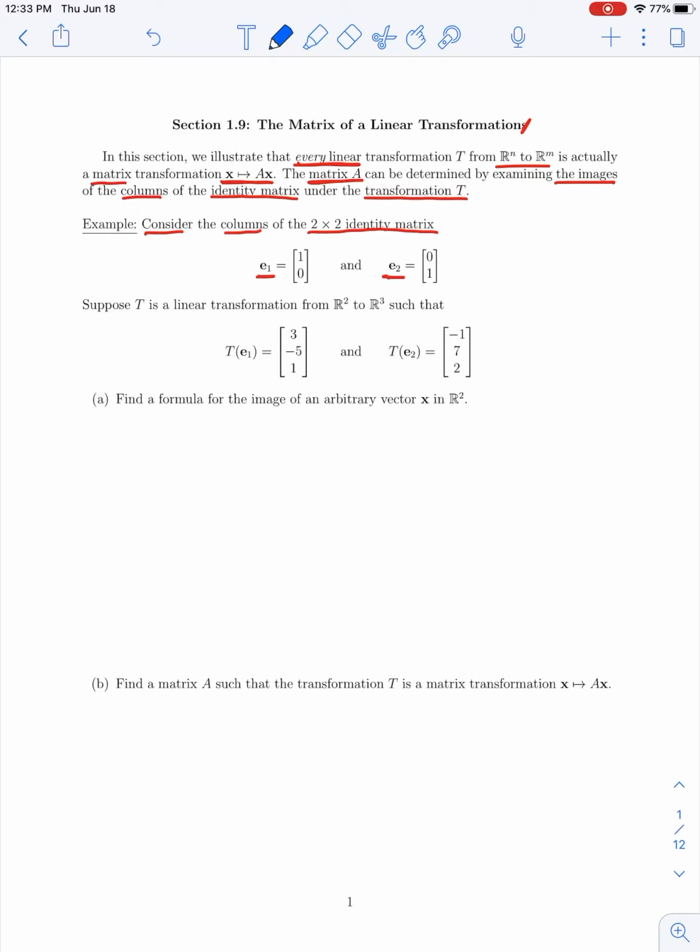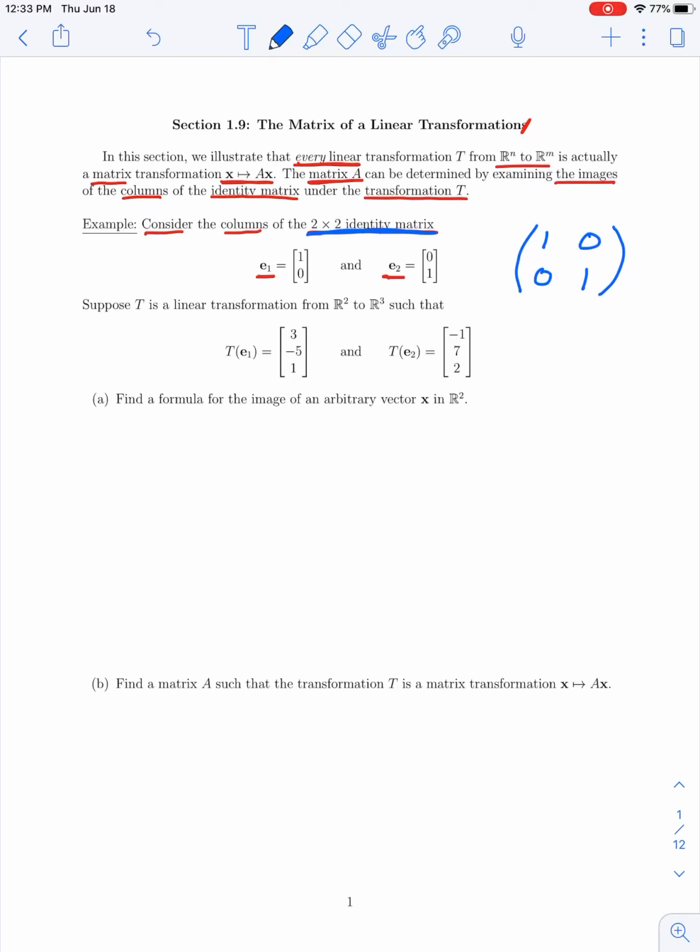So what exactly is this 2x2 identity matrix? It is the matrix which has these vectors as its columns. So my first column is the vector e1, (1, 0), and my second column is the vector e2, which is (0, 1).